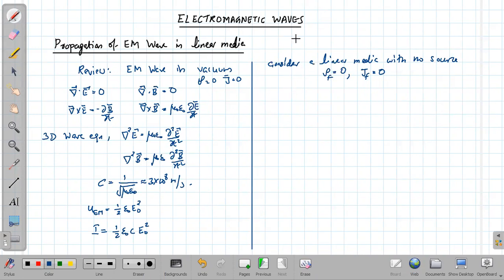If that is the case, then your Maxwell's equations would be del dot D equals 0, del dot B equals 0, del cross E becomes minus dB by dt, and del cross H equals dD by dt.